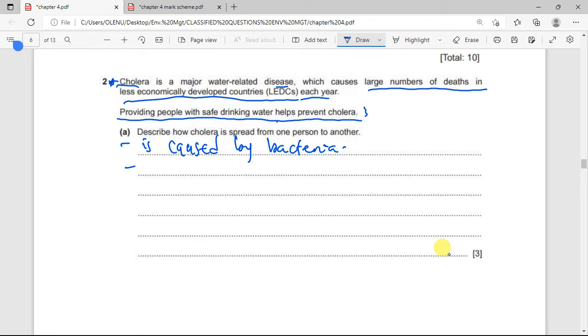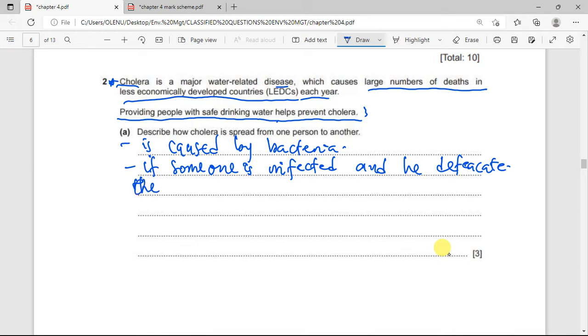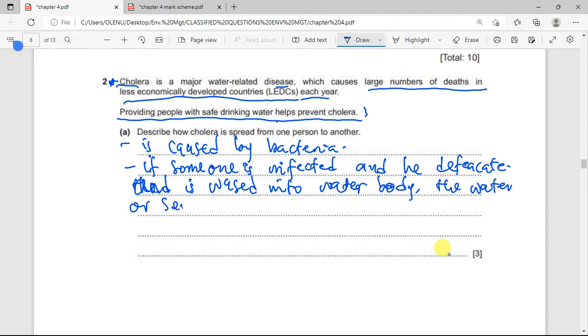Now, if someone is affected and he defecates, and the waste is washed into a water body, and the water or the sewage is not treated, then someone else consumes the water.